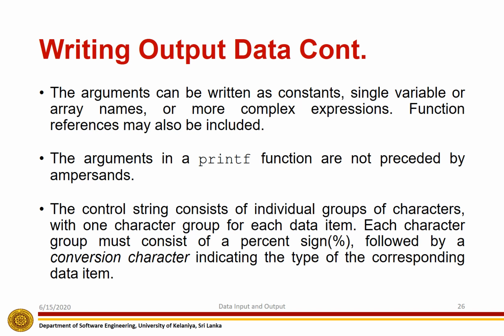Also, multiple character groups can be contiguous or they can be separated by other characters including white space characters. The use of blank spaces as character group separators is the common one.